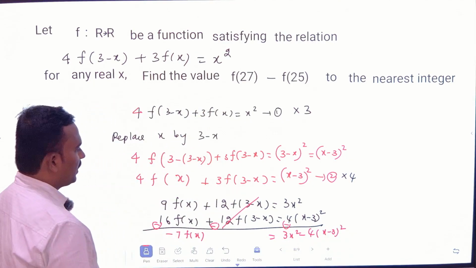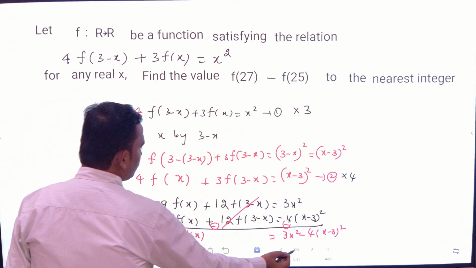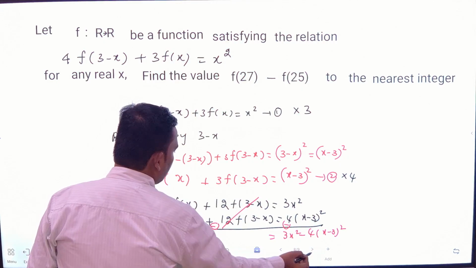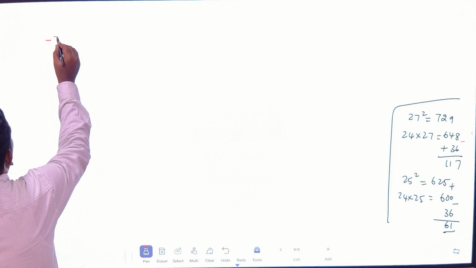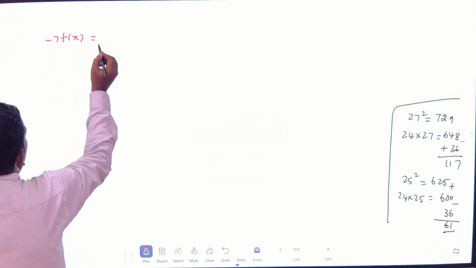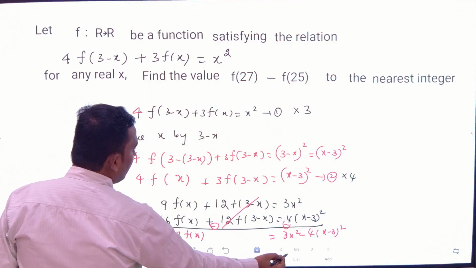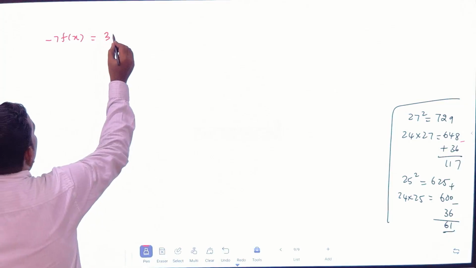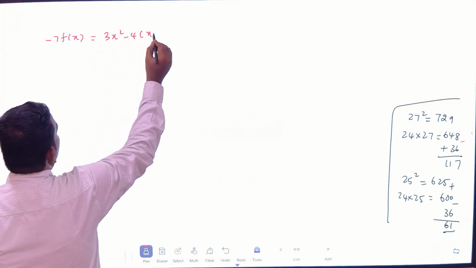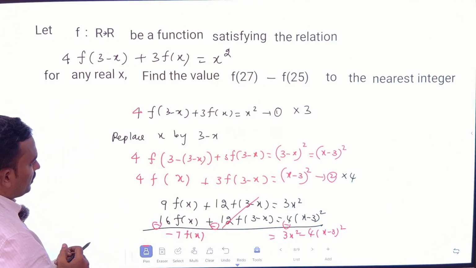Now you have to simplify this. Minus 7 times f of x on the left side, and the right side will be 3x square minus 4 times x minus 3 whole square.